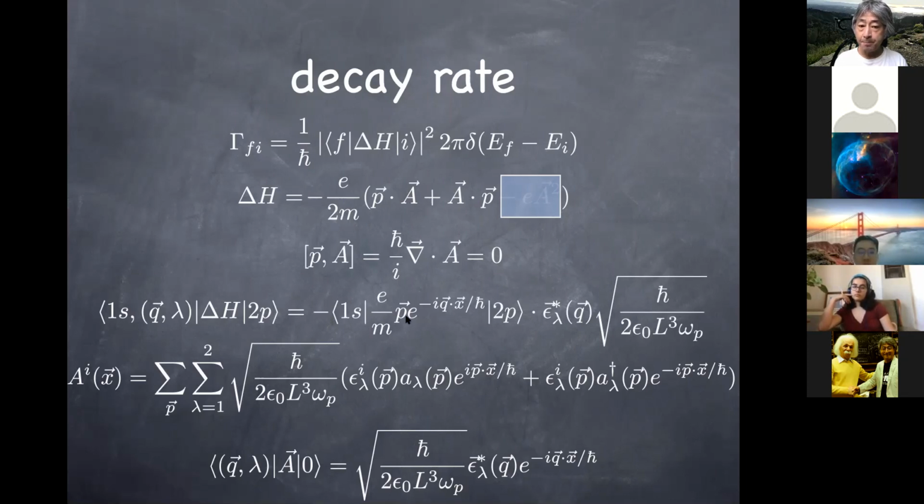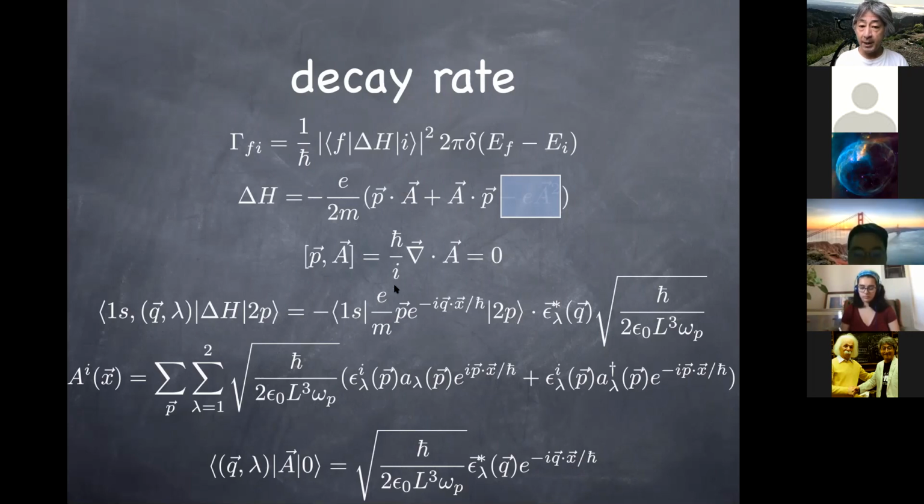And I have p. One thing you have to keep in mind, though, is that this vector potential is evaluated where the electron is, namely the argument x of the vector potential is the x operator of the electron. So I have to keep this plane wave factor, e to the minus iq dot x, still sandwiched between the 2p and 1s states of the electron.